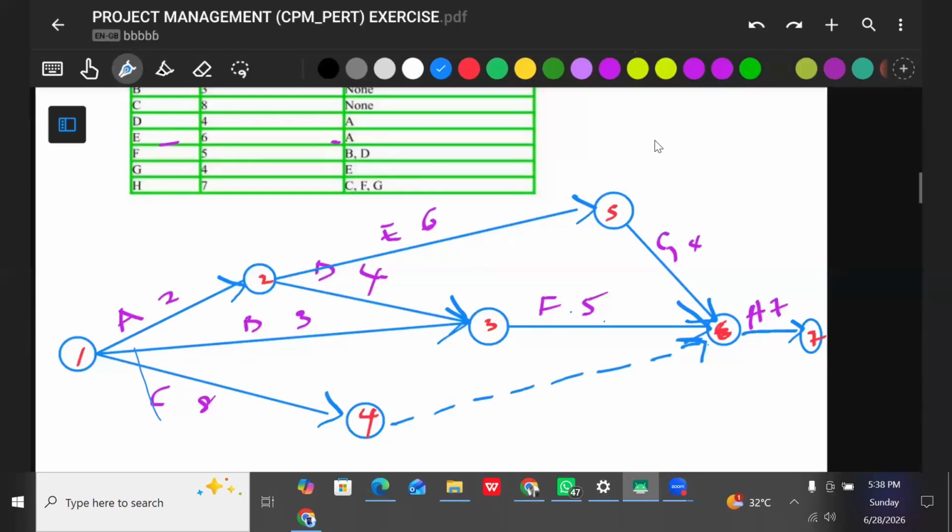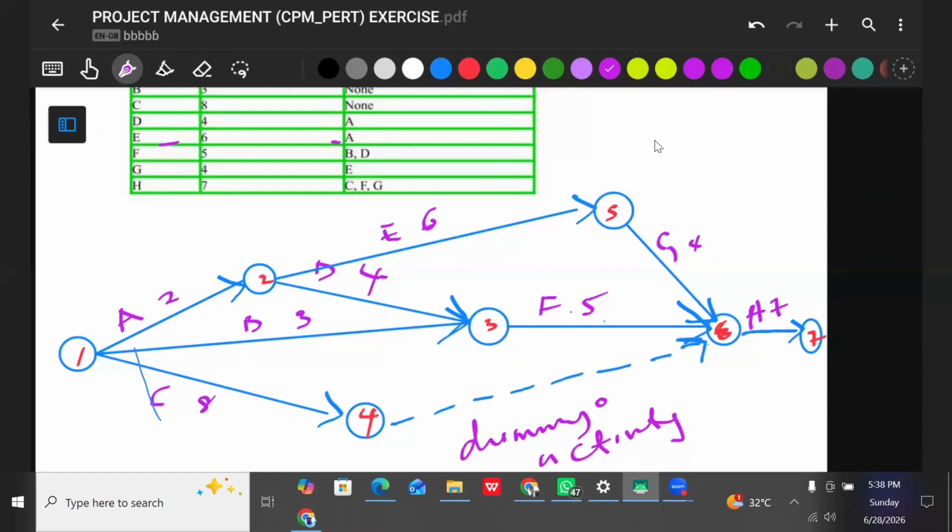This doesn't take any time. It doesn't take any resources. Sorry, I'm using the wrong color here. So this is a dummy activity. Let me put it here. Dummy activity. We are just using this to connect C to this node here. So very good observation.